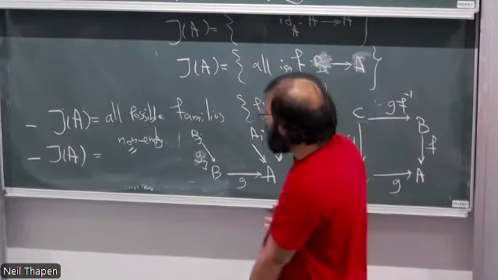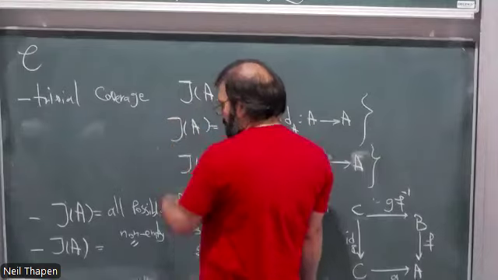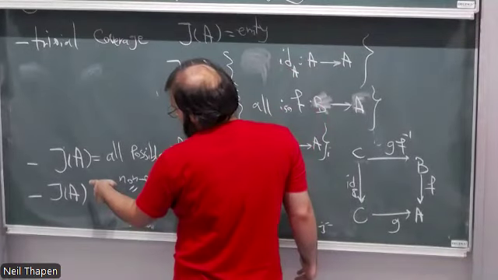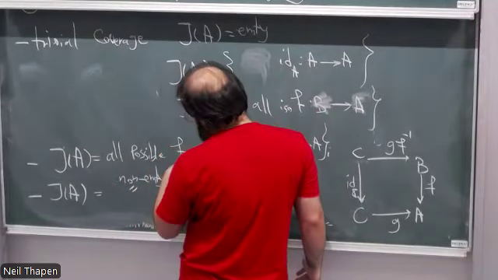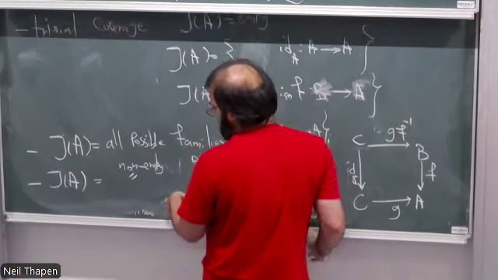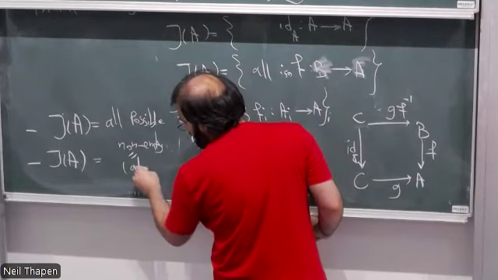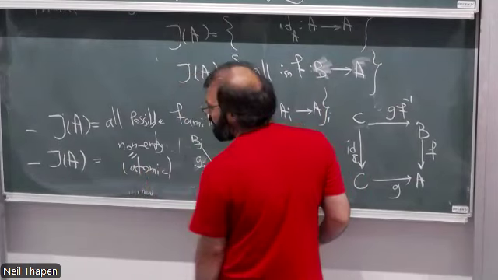Yes. So another one. So this is a trivial coverage. It has a name. This one does not have a name. I guess it is just the greatest coverage or something. This non-empty one has a name. It's called the atomic coverage.